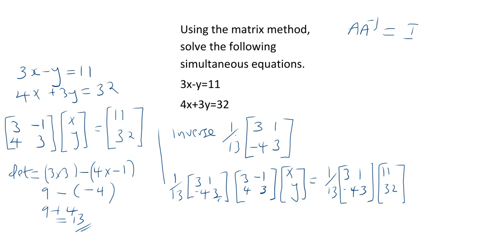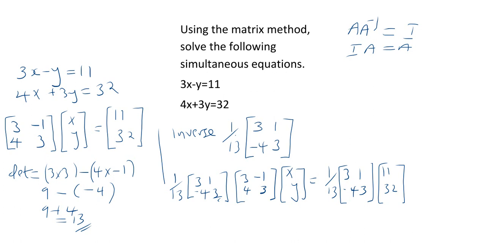And also, when we multiply the identity matrix with any matrix A, it can be A or B, we get the matrix itself. So that means when we multiply this inverse with its matrix, we are going to get an identity matrix.